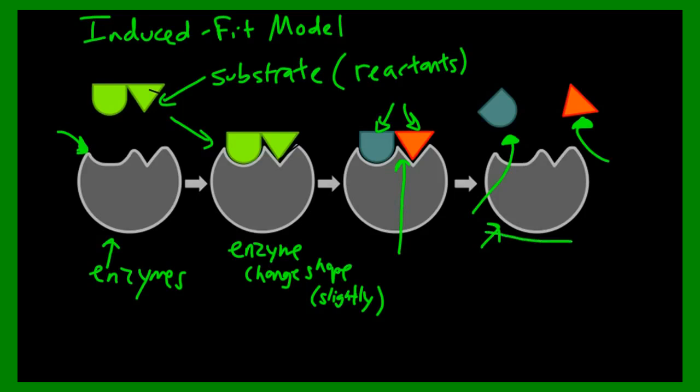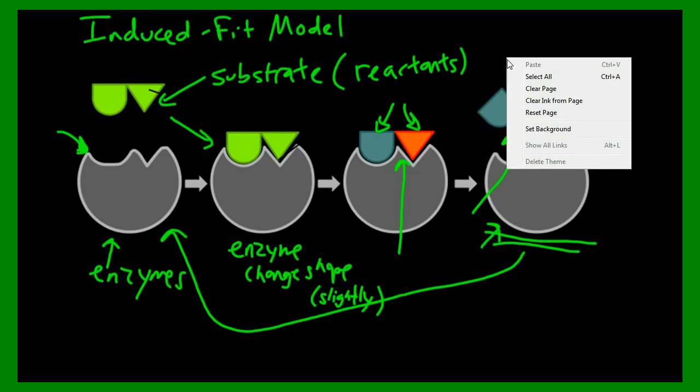This enzyme here is the same as that enzyme there, because it goes back to its original shape. So we start with a substrate and an enzyme. The enzyme binds to the substrate and changes its shape slightly, which breaks apart or changes the substrate into products, and those products are released.